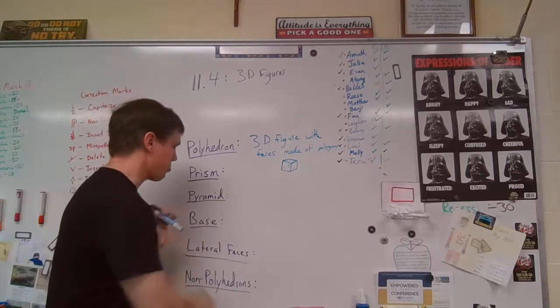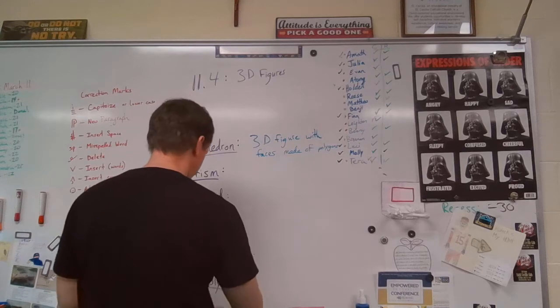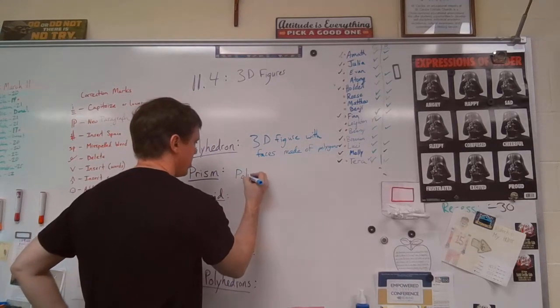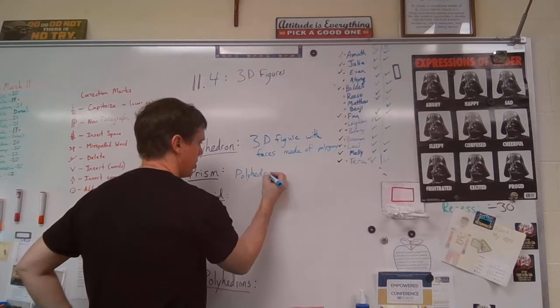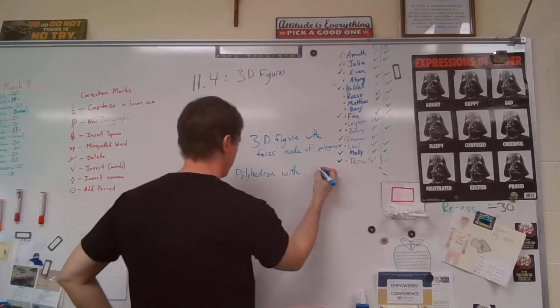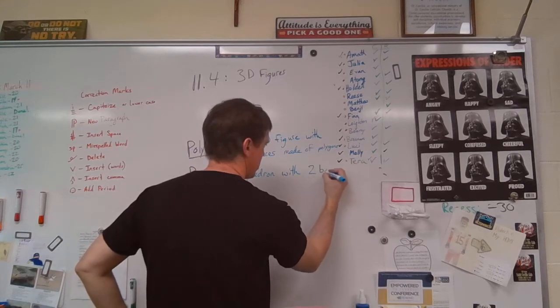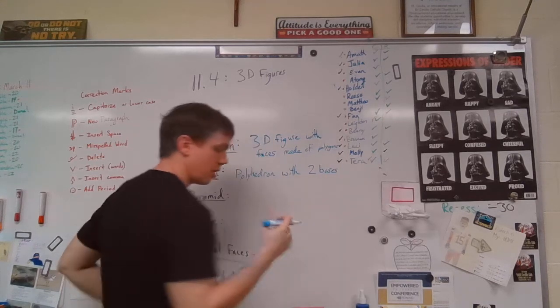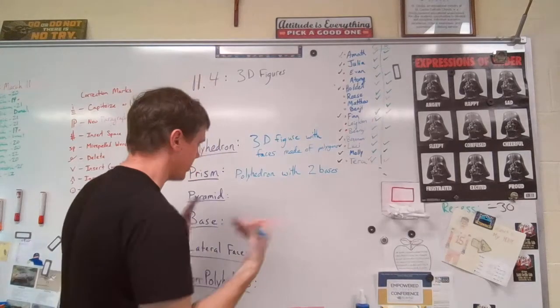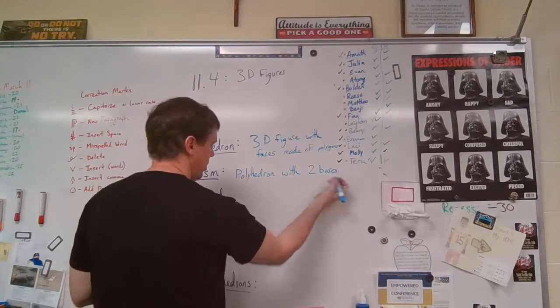Okay, so a prism, kind of very similar. It's a polyhedron with two bases, and the two bases are congruent polygons. That's kind of the important thing.